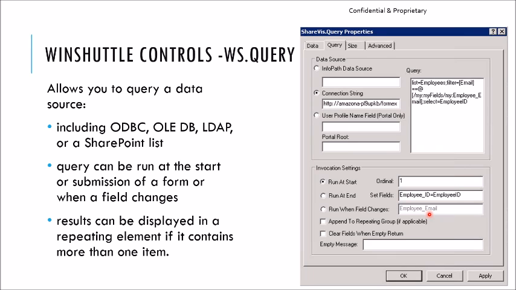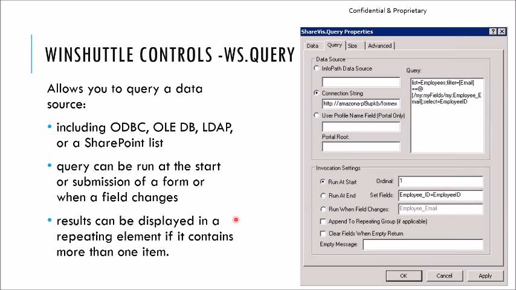So it allowed the person to select who they were filling out the time off request for. So we said, when this email address changes, go ahead and run the query again. So you can run when field changes, or you can run at the start or at end. We'll show you some examples today.